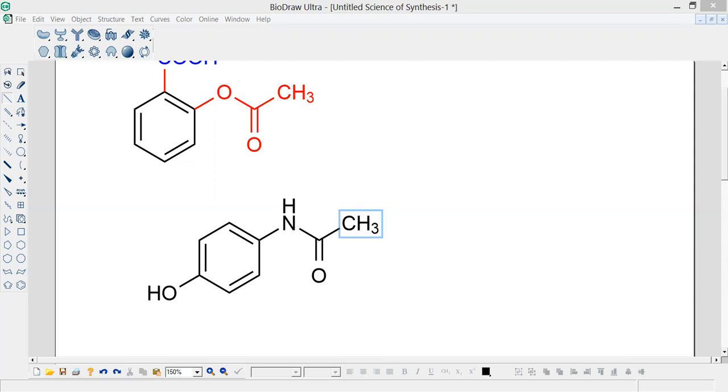From the periodic table, select the carbon atom first to represent this methyl group. Then select the oxygen atom to represent this OH group. Select the nitrogen atom to represent imidazole, a 5-membered heterocyclic ring.